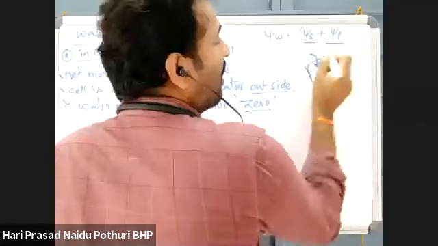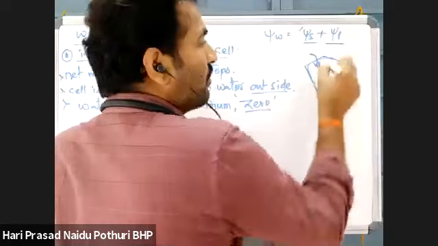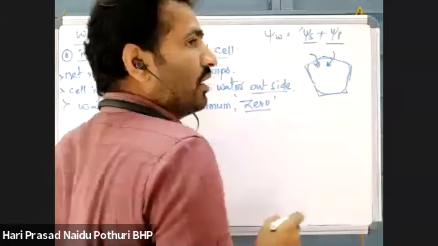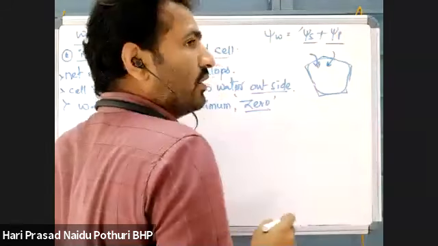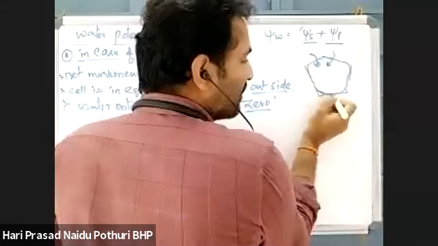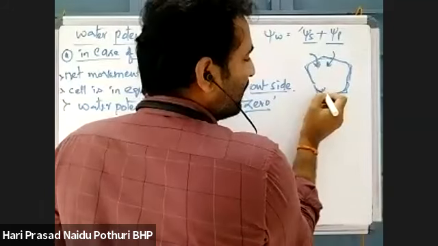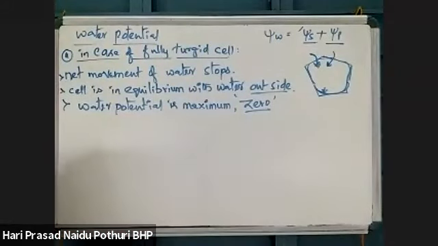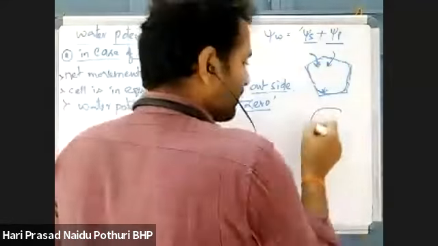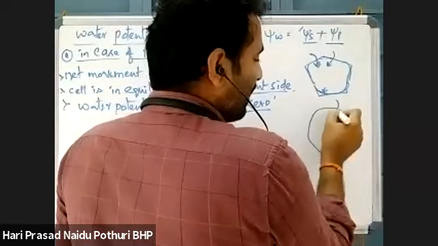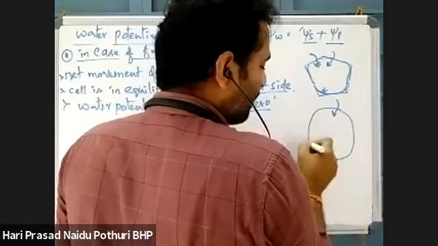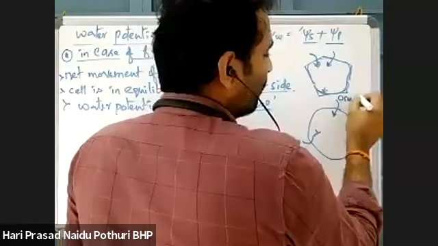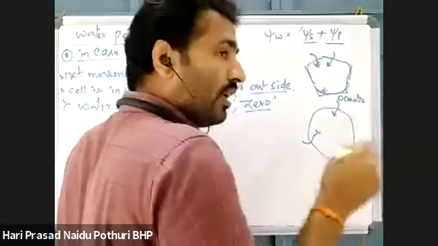Turgor pressure and osmotic potential. What is turgor pressure means? Osmotic potential is what? Movement across a membrane. Okay. Then as water level is increased inside the cell, it will exhibit some pressure on cell walls to prevent the entry of water. Suppose this is a cell. What is entering the cell? Cell got a maximum amount of water, so osmotic potential is somewhat okay.